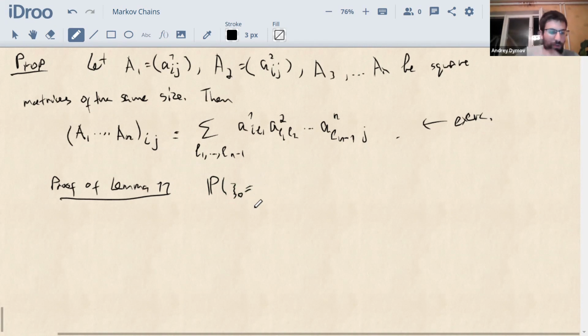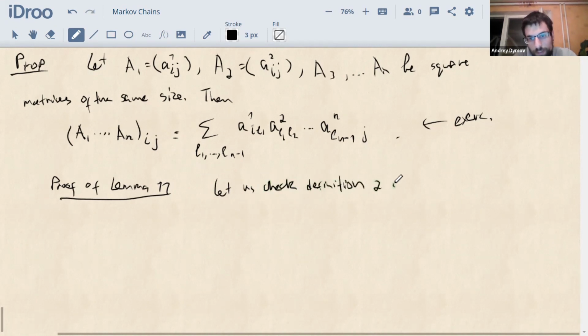So I wish to check the second definition of Markov chain. Let us check Definition 2 of Markov chains.